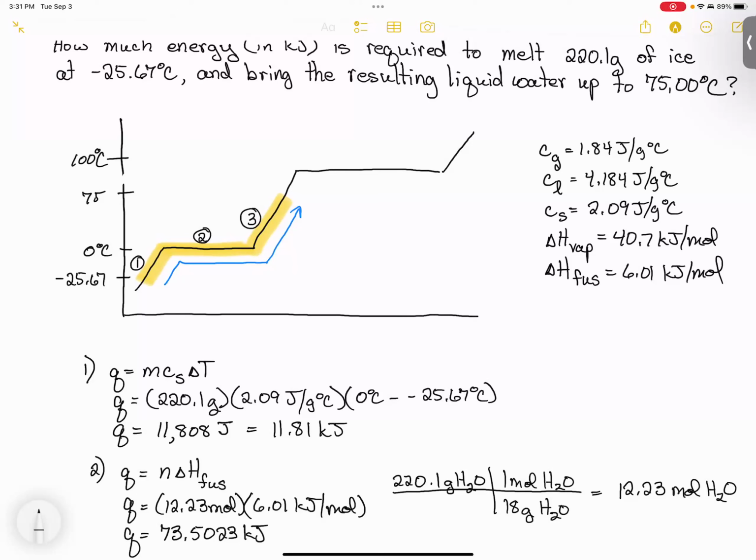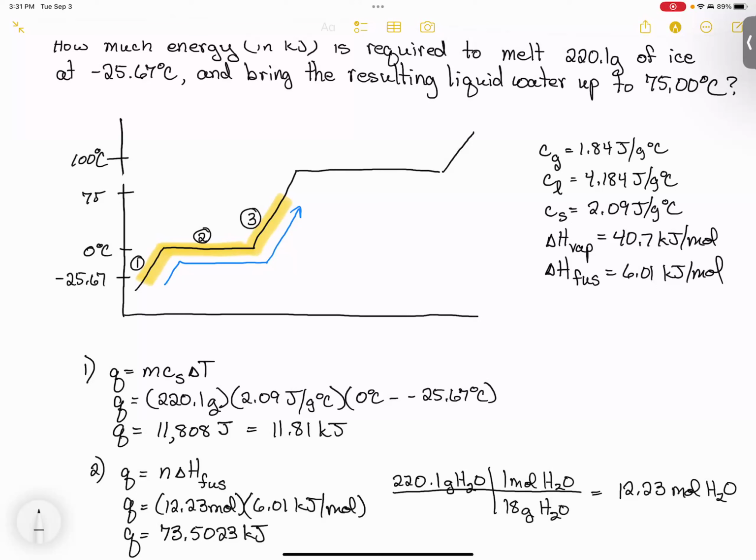If I stop at 100 degrees, I would use the delta H of vaporization. If I stopped at 0, I would still just use the delta H of fusion. As long as I'm converting this from a solid to a liquid, even at 0 degrees, it's just the delta H of fusion.